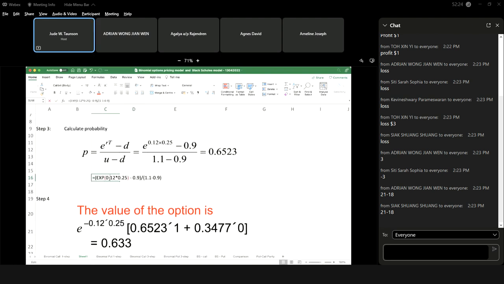So basically this is the formula: 0.12 times 0.25. How do I get 0.25? 3 divided by 12, 3 months. Minus 0.9, divided by 1.1 minus 0.9. Any question?